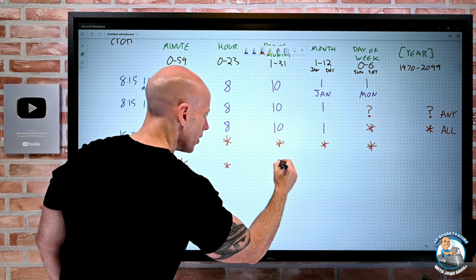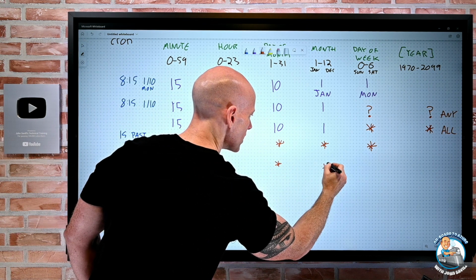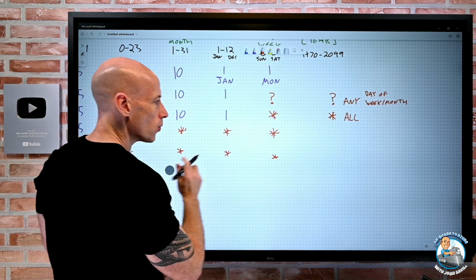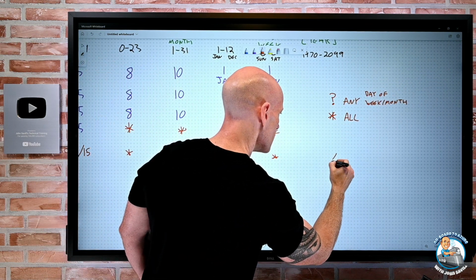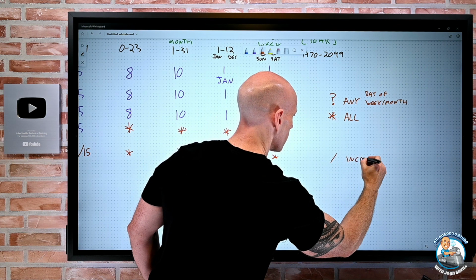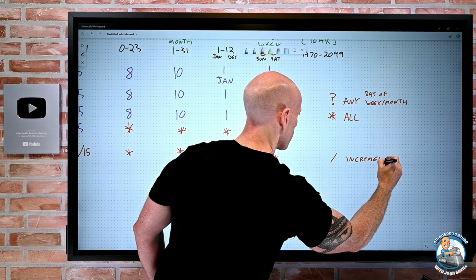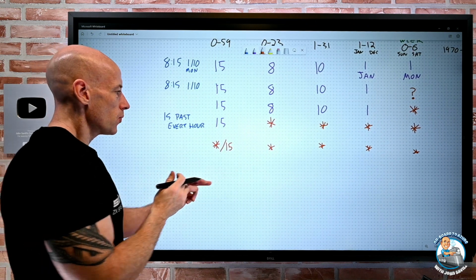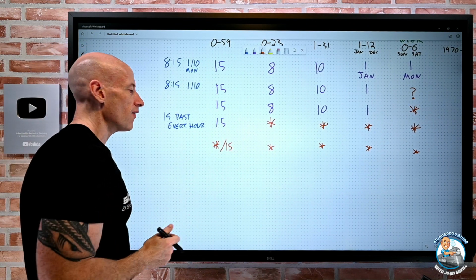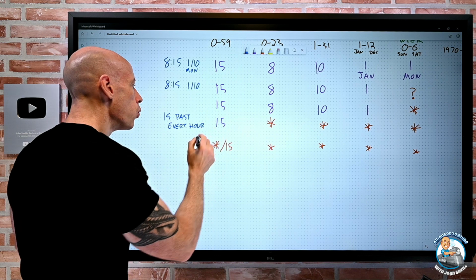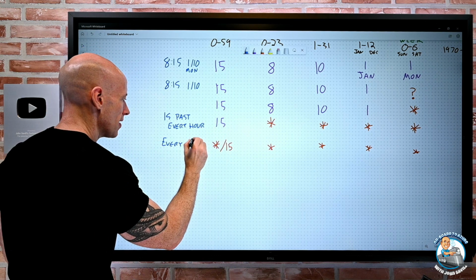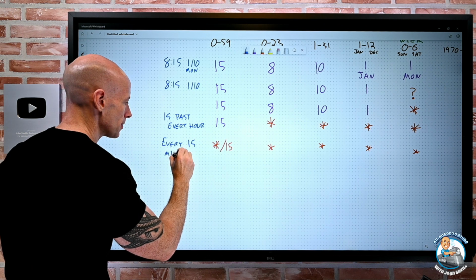For all hours, for all days of the month, for all months, for all days of the week. So here the important thing is we're saying this is an increment. So in that unit, in this field, we're saying all in an increment of 15. So this would do every 15 minutes.